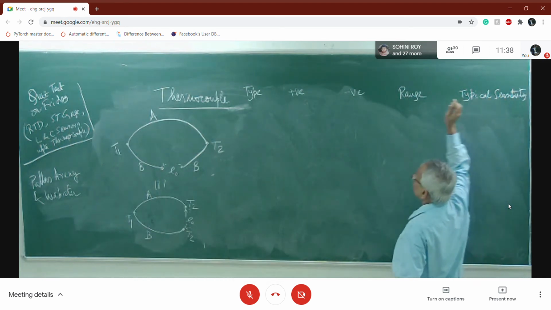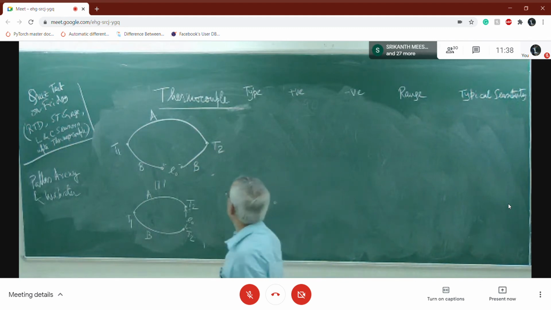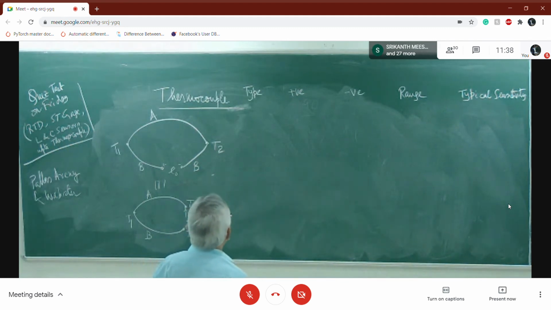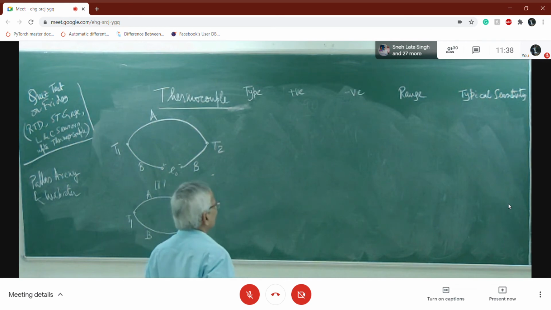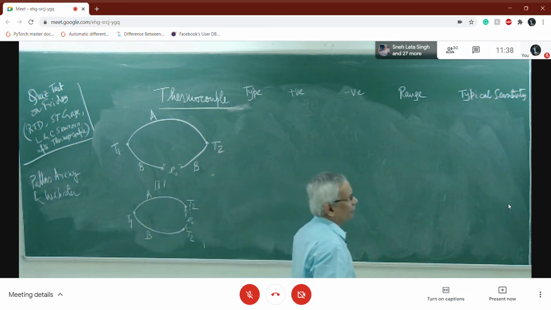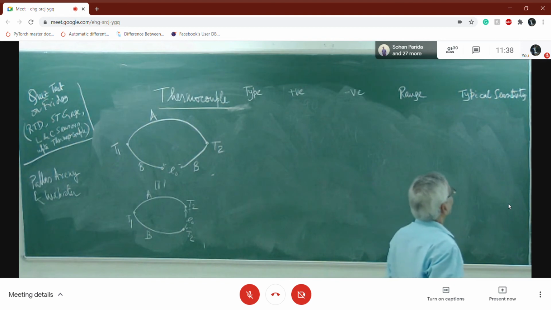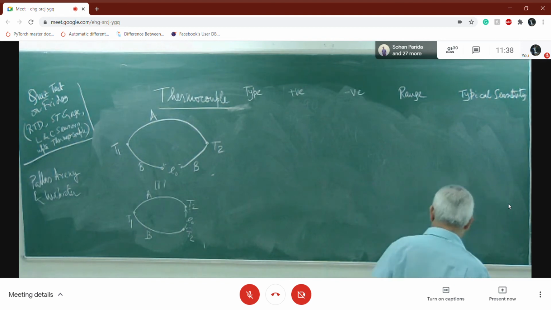So, for a different type, what is the positive terminal material, what is the negative terminal material, what is the recommended range, and the typical sensitivity.